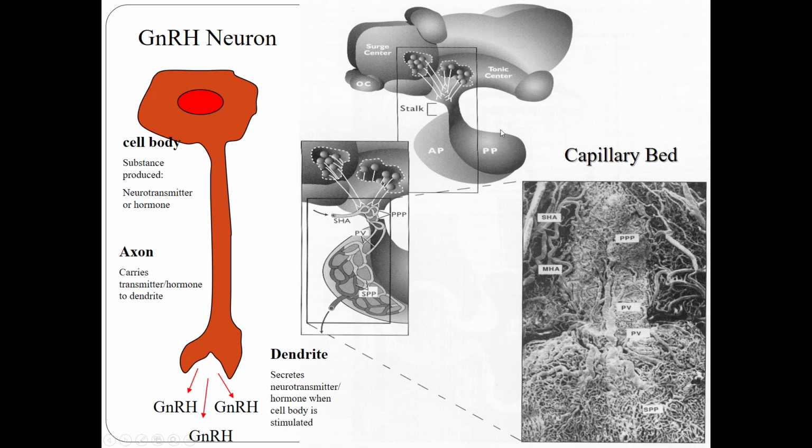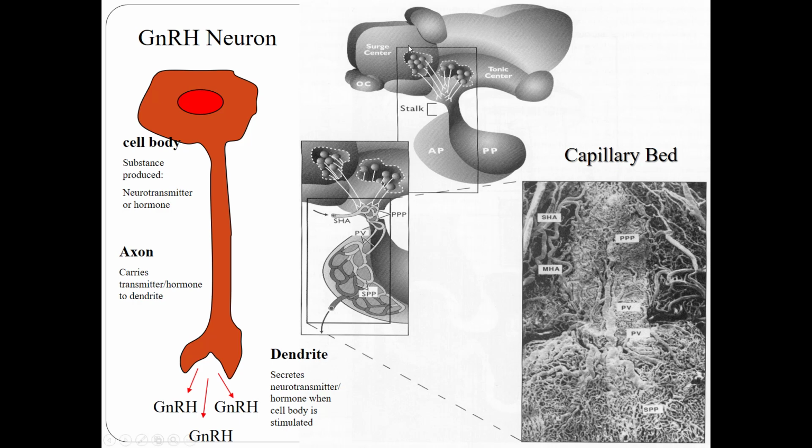This part up here is the hypothalamus. We have different lobes of the hypothalamus, and I'll show you a picture of a live hypothalamus in just a few minutes. These are the different areas that we know certain neurons are isolated to. GnRH is just one of several types of neurons in the hypothalamus.